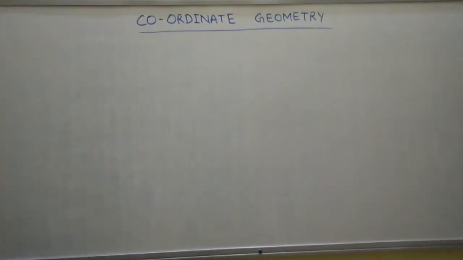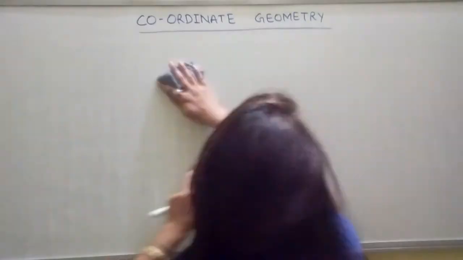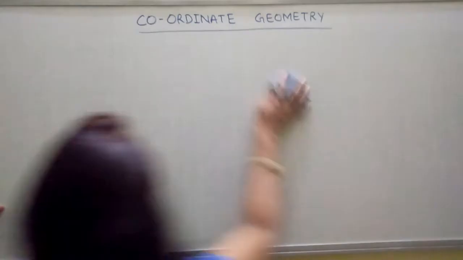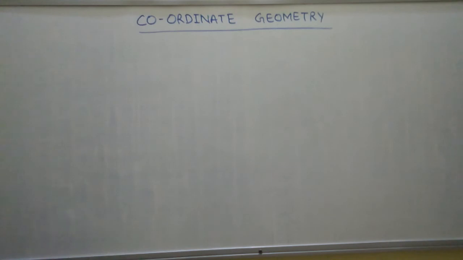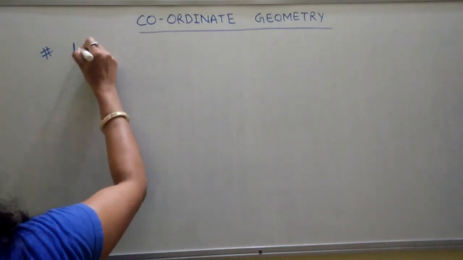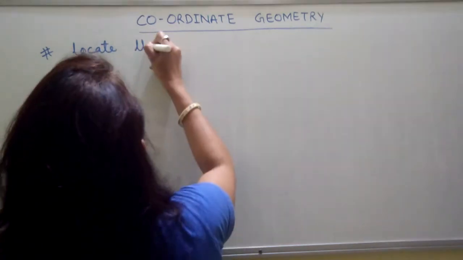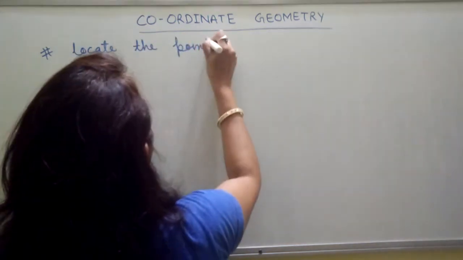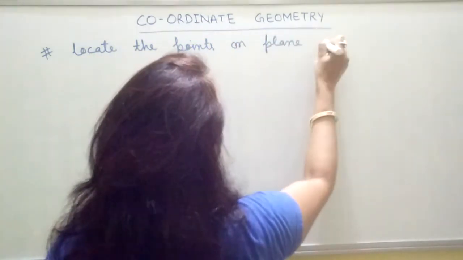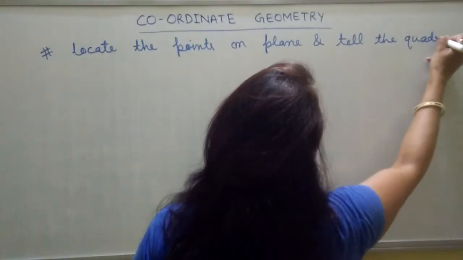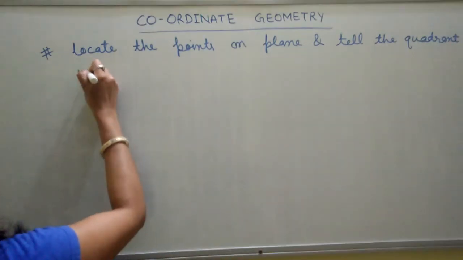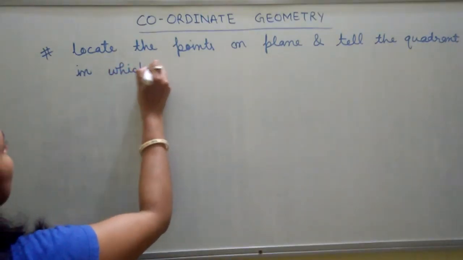The question is: locate the points in the Cartesian plane and tell the quadrants in which they lie.